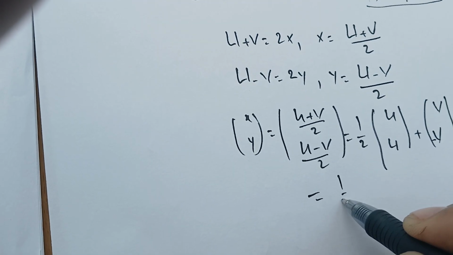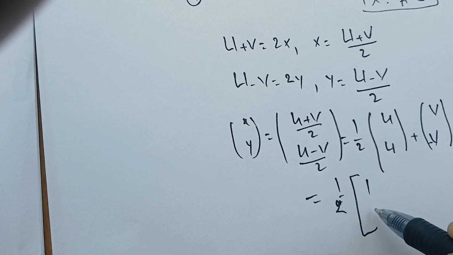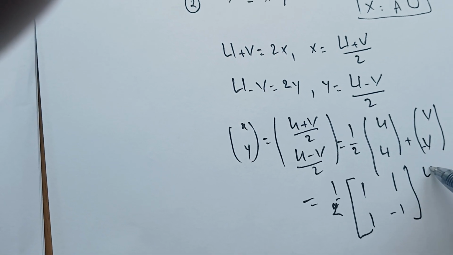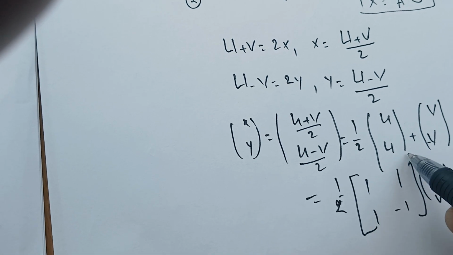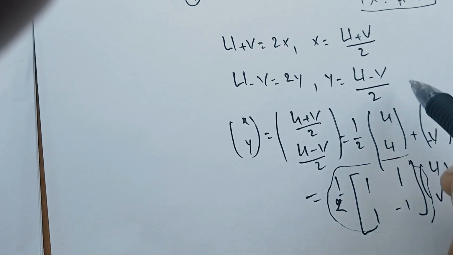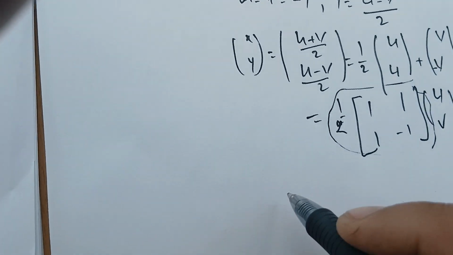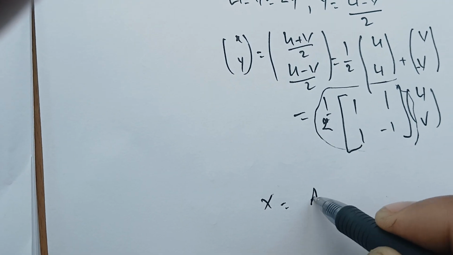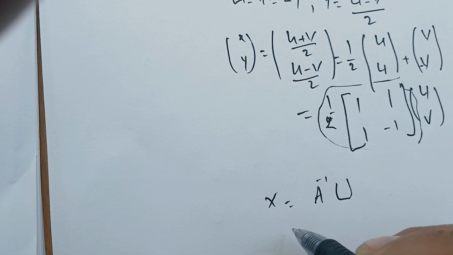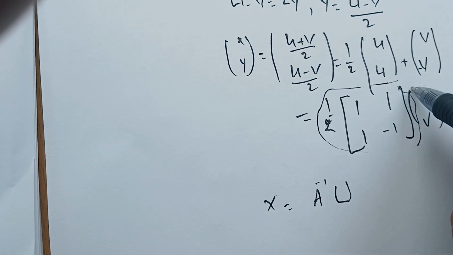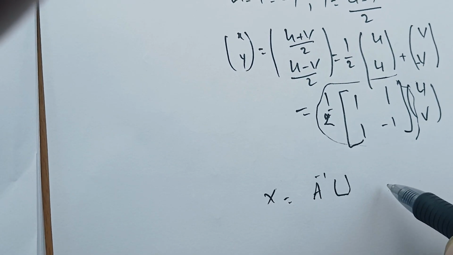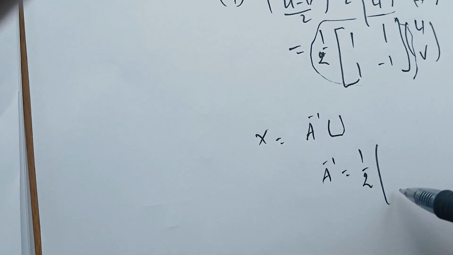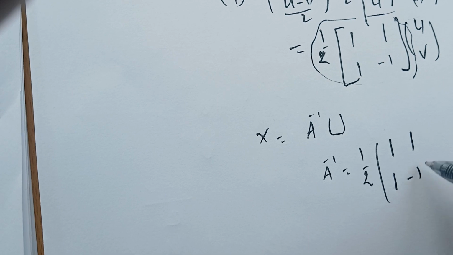So it's going to be 1/2, 1, 1, 1, minus 1, times u, v. And this is our A inverse. Okay, so this is x equals A inverse times u, where u has components u, v. So A inverse in this case is 1/2, 1, 1, 1, minus 1.